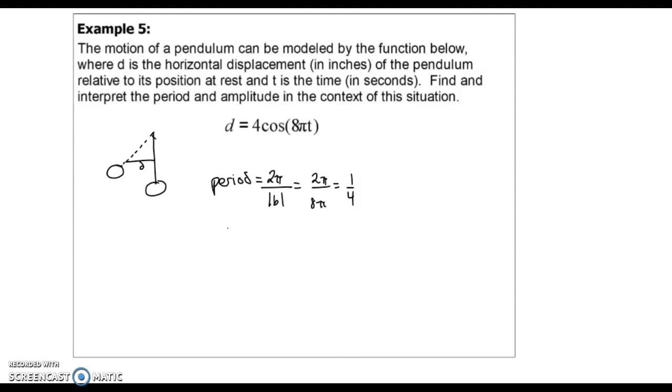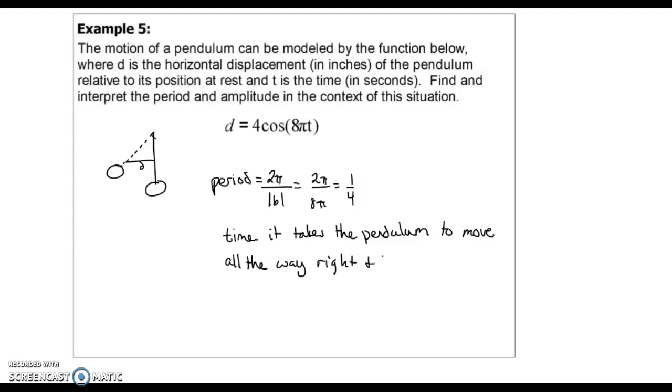When it wants us to interpret, the time it takes the pendulum to move all the way right and left and return to its starting position is 1/4 or 0.25 seconds.